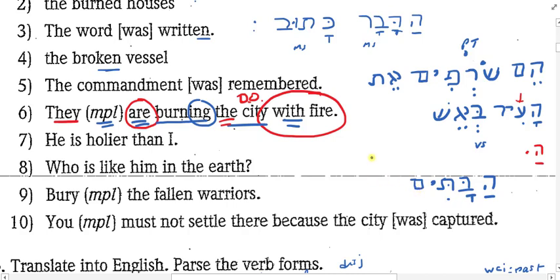And then we need to say burned. The houses the burned. So what do I have to do? I have to take the verb saraf, which means burn, and I need to use the Qal passive participle form of it, and that is going to be normally saruf.